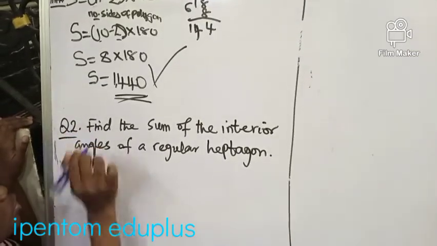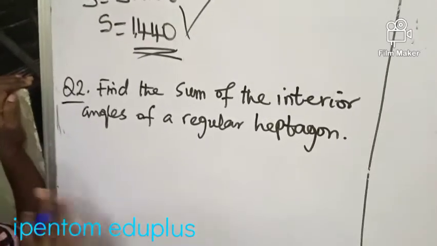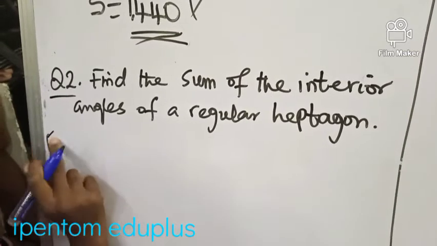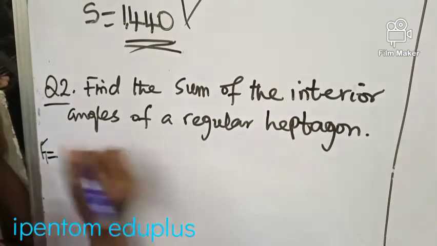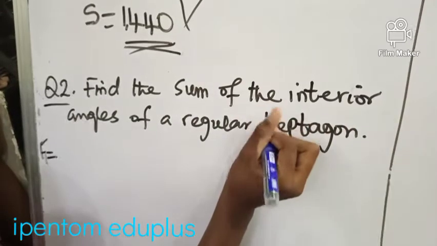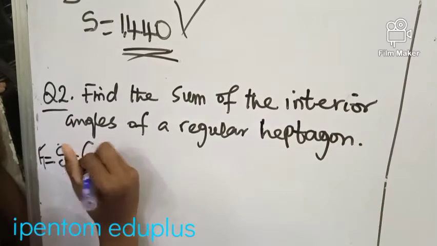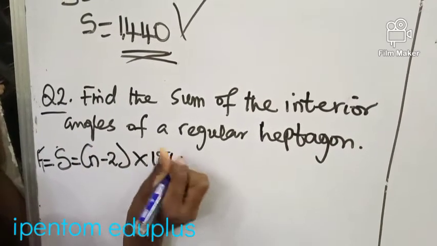Question 2. Find the sum of the interior angles of a regular heptagon. Okay, so first the formula. The formula for the sum of interior angles is S equals (N minus 2) times 180.